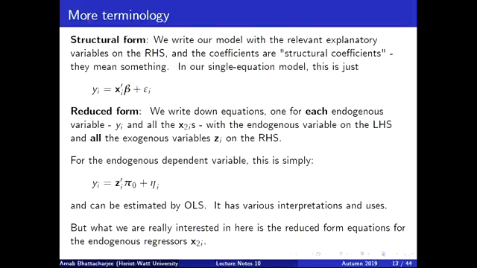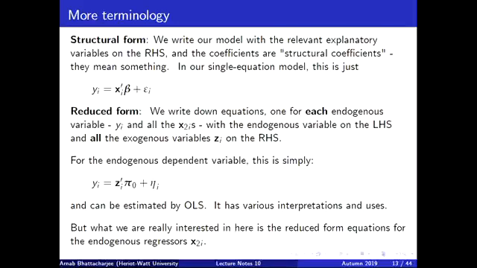So we write down equations, one for each endogenous variable, yi and all the x2i's. All of those are endogenous in this model, with endogenous variables on the left hand side and all the exogenous variables on the right hand side. For yi, for example, this is the equation. What are these pi zeros? They have no interpretation.